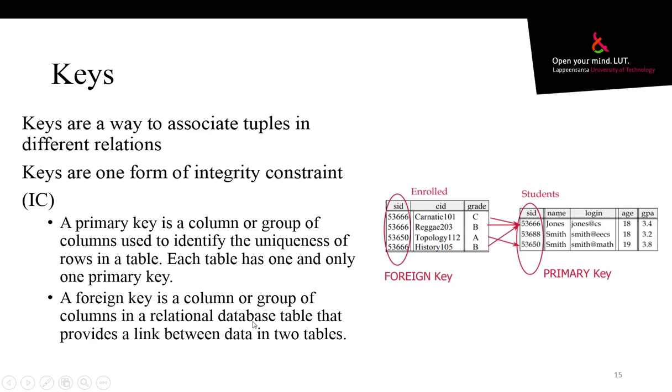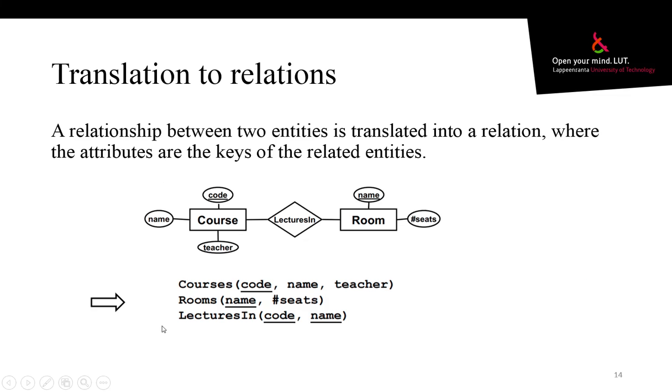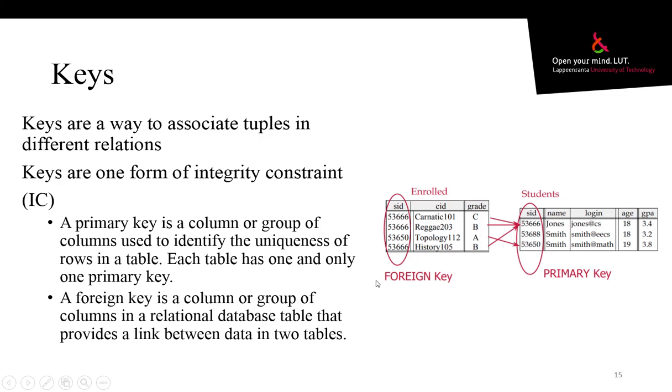And we have a foreign key also, which is another example. As you can see in the previous relationship I've shown you, usually any relation will always reference a foreign key. So for this relation, these are foreign keys as I've explained. The foreign key is basically a column or group of columns in any database that provides links between data in two tables. So in the enroll table here we have the student ID. You can see that they are both the same.